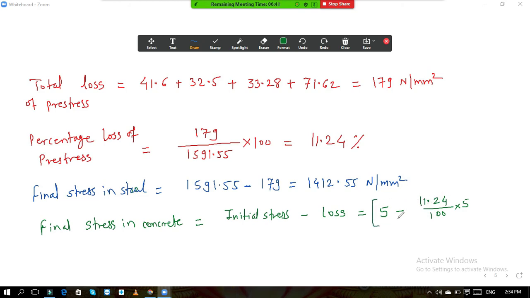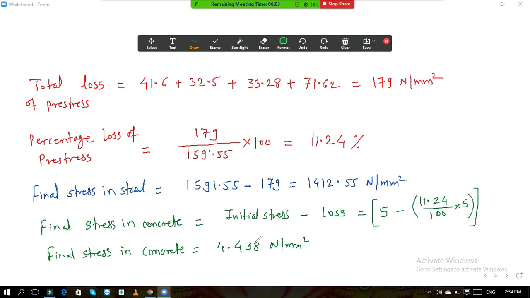So if you solve this, you will get the final stress in concrete, and it works out to be 4.438 Newton per mm square.